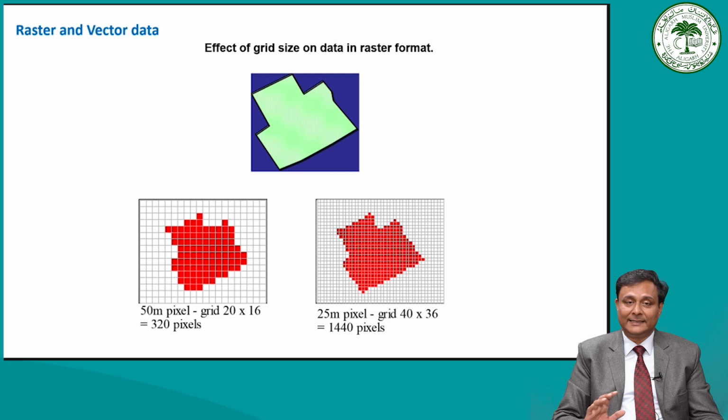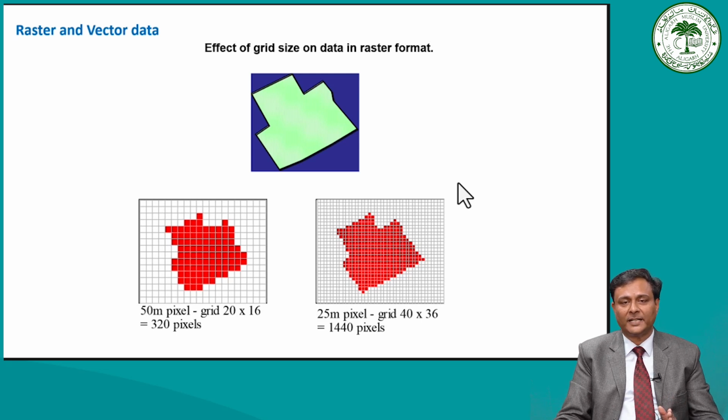Now, this is again a very interesting example where I am trying to highlight the impact of the resolution, or in other words, the effect of the grid size on data in the raster format. In this slide, the example which is being shown, the same data with larger pixel size would have distortion in shape and error in area calculation.